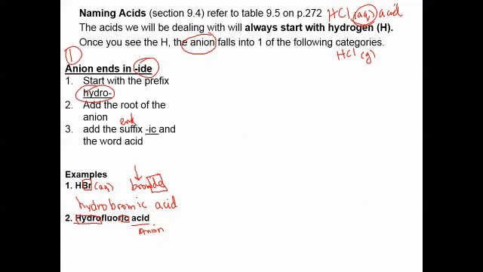In this case, I'm going to take the root right here, FLUOR, and throw the ending or the suffix -ide on there. I know that fluoride is F-1. All acids start with H+. If I drop and swap, my formula for hydrofluoric acid is simply HF.